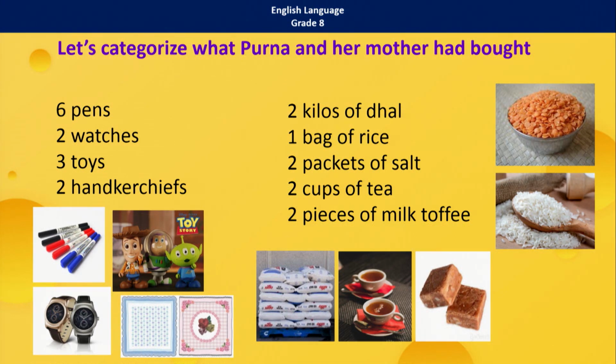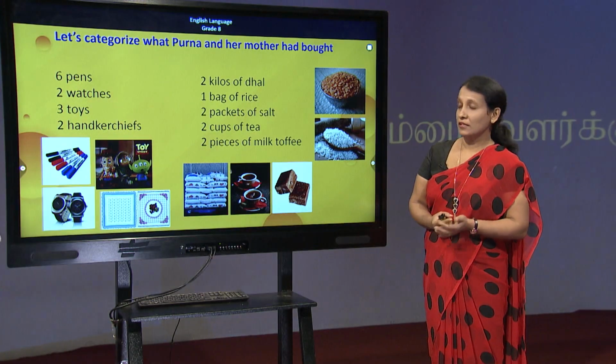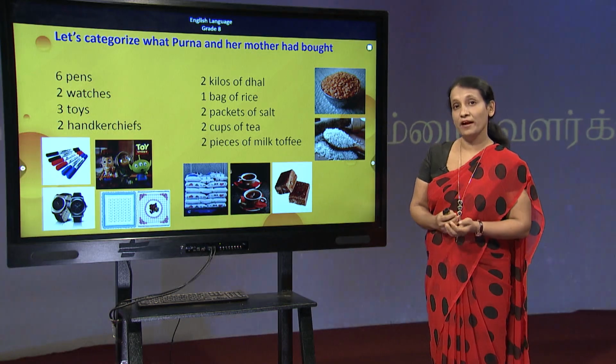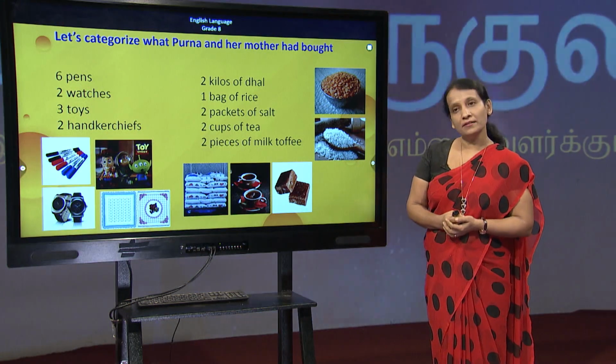Can you tell? Yes, Suchitra, what is your answer? I think these are wanted by the children and that was bought by the mother. Yes, that can be one reason, right? On one side we have what children have bought and on the other side what mother has bought.